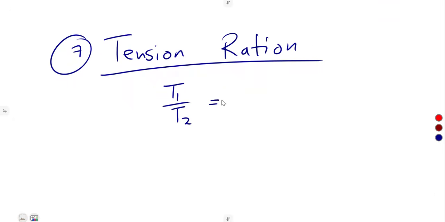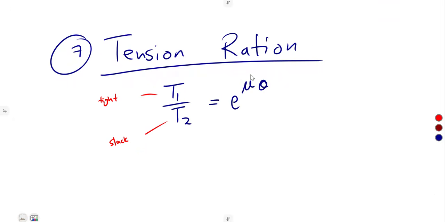Remember from our belt drives N4, that's equal to e to the exponent of mu theta, where T1 is our tight side, the one that is the maximum allowable force, and T2 is the slack side.